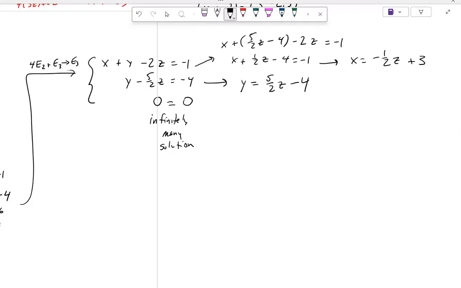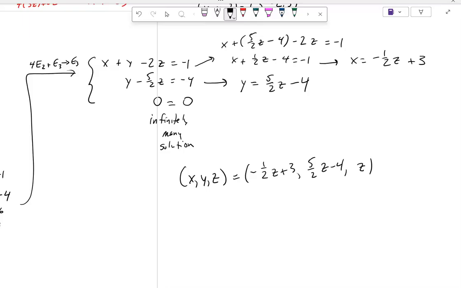So when you write your final answers, x will be -1/2 z plus 3. Your y will be 5/2 z minus 4. And then just z on the end, because the z can be anything. We refer to this as parametric form.